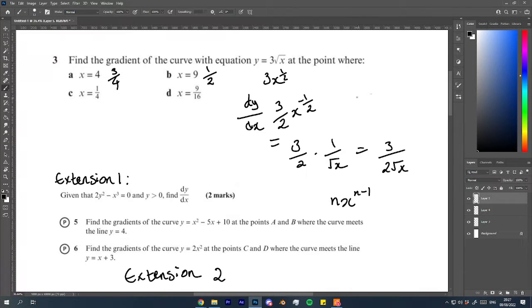Let's do C. Divided by 2 is 1. C is going to be 3, I believe.